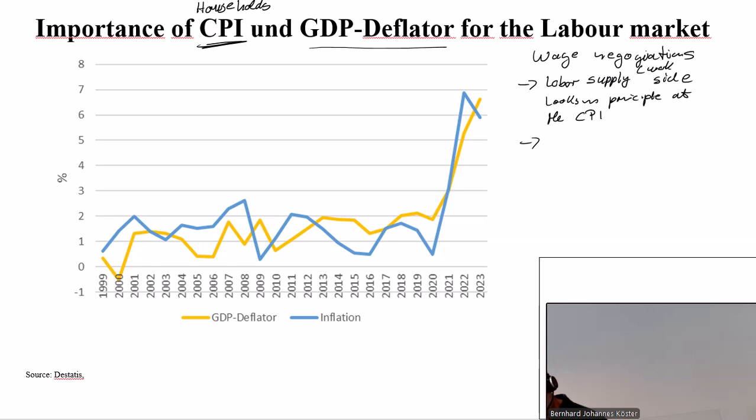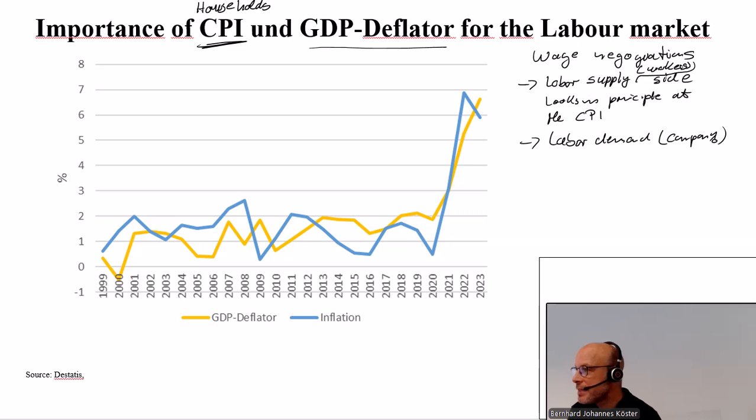So workers. And then the companies, the labor demand side, they are providing all goods and services in the market. They will look in general at the whole economy. They are producing all of the investment goods, which we are not consuming. And so their relevant indicator for the price development is the GDP deflator.